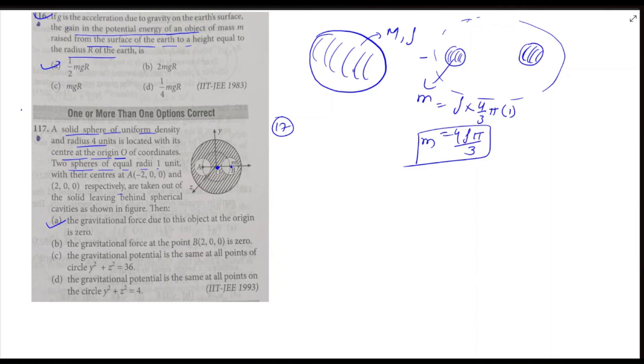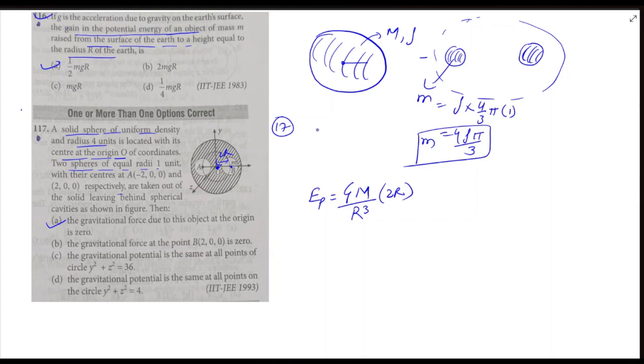Now the field at point B will be first due to the whole sphere. So this distance is what? 2r, right? So it will be G capital M upon R cube into 2r. And the radius of the whole sphere is 4.